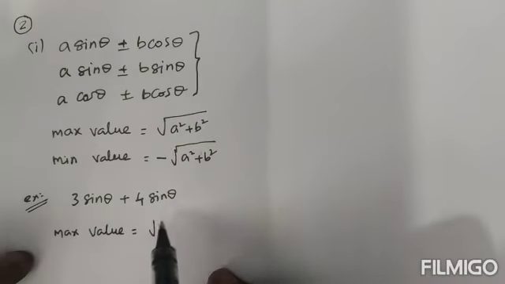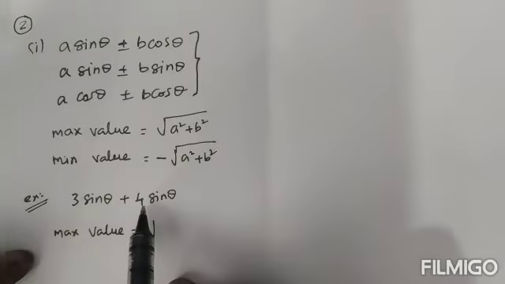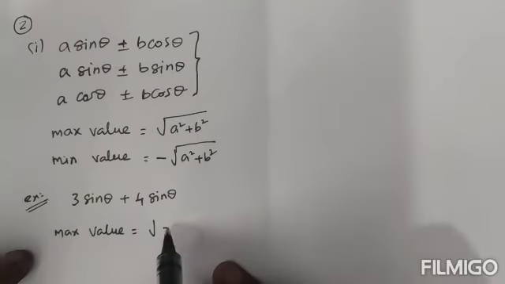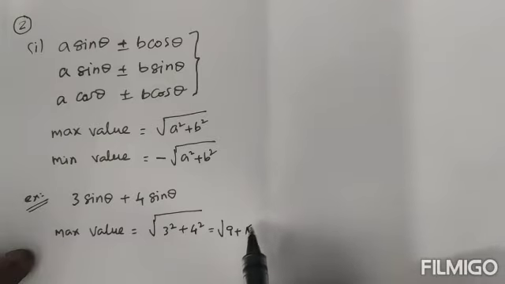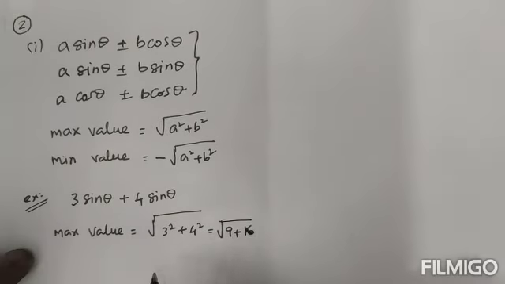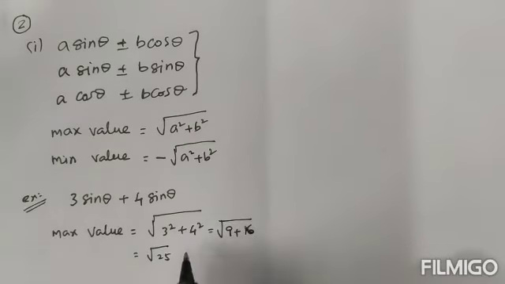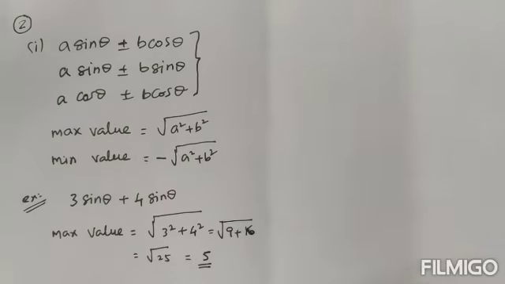You know, whole root of a squared plus b squared. Here a value is 3, b value is 4. So 3 squared plus 4 squared, we can write as whole root of 9 plus 16, that is 25. So root of 25, the maximum value is 5.